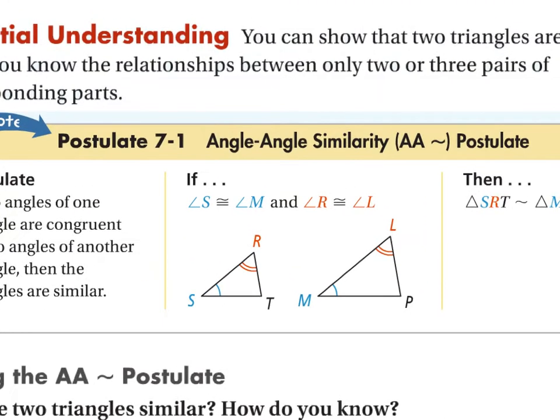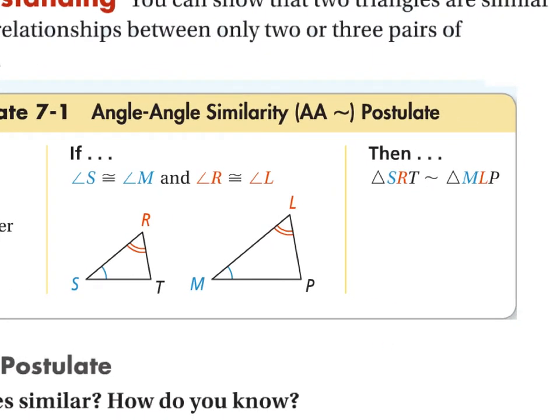So if you know, and this only works for triangles, that you have two angles, so there's one and here's another one, that are two sets of congruent angles, then that is enough information to say that the triangles are similar. Okay, so then you can write this similarity statement. So all you need is two.